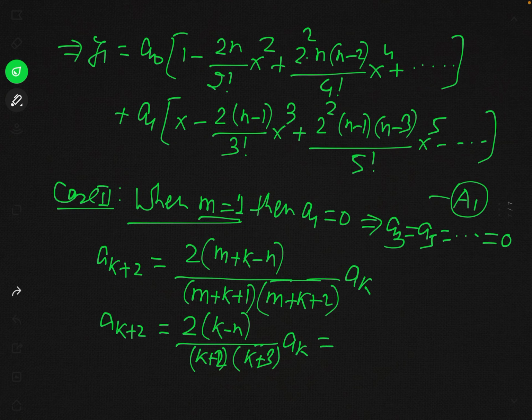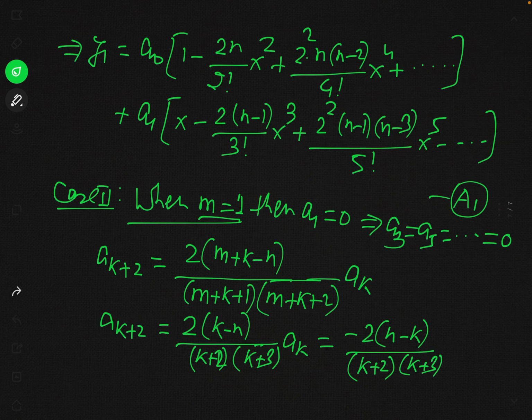And again, taking minus 1 as a common factor, you may write it, this is minus 2 times n minus k over k plus 2 times k plus 3.